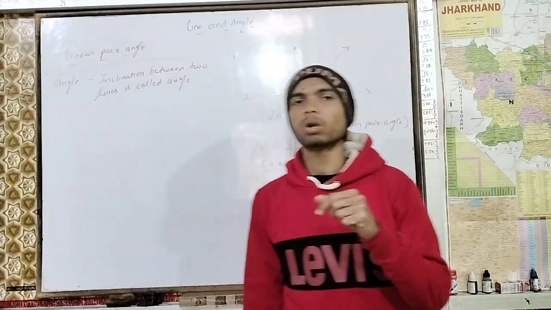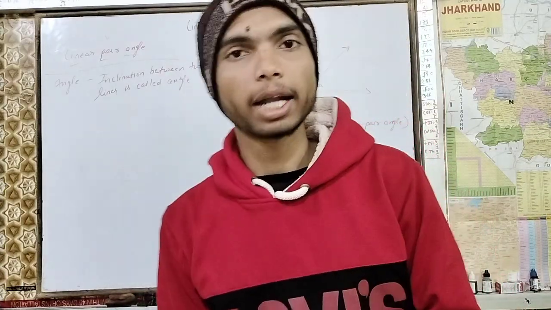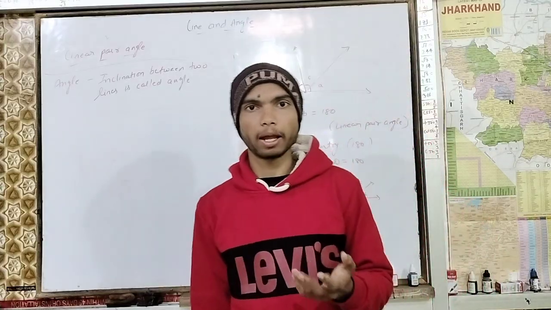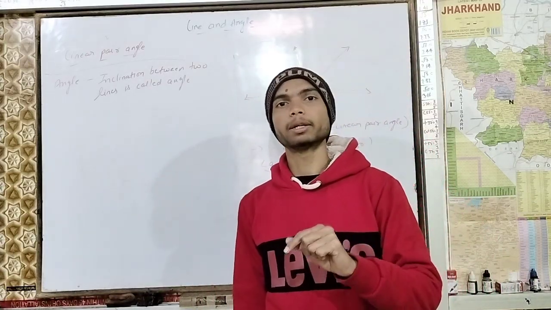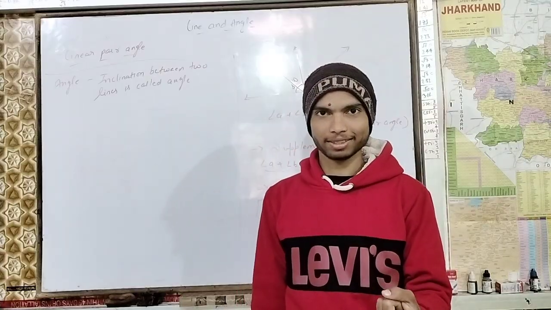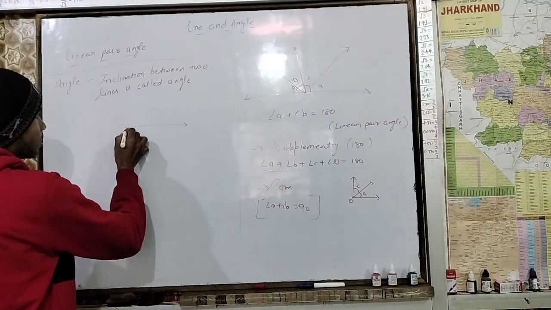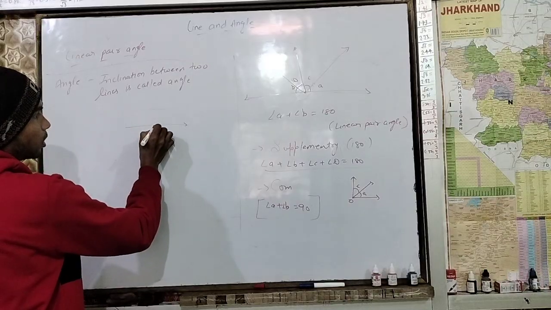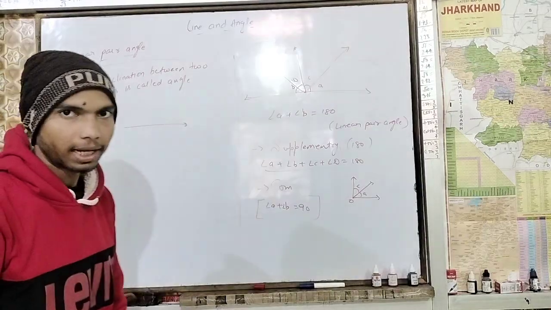Remember, if you take only one line, it is impossible to create an angle. An angle will be created by taking two lines. Tell me, if there are two lines overlapped to each other, what would be the angle?